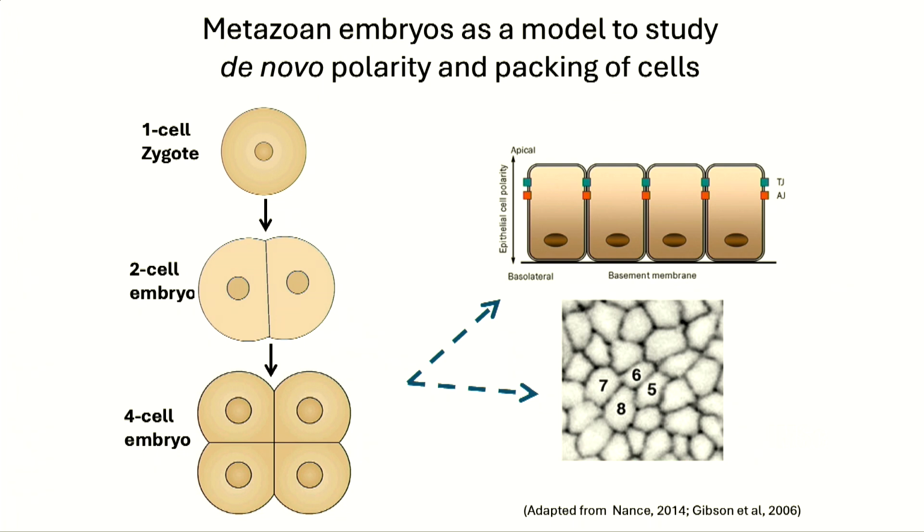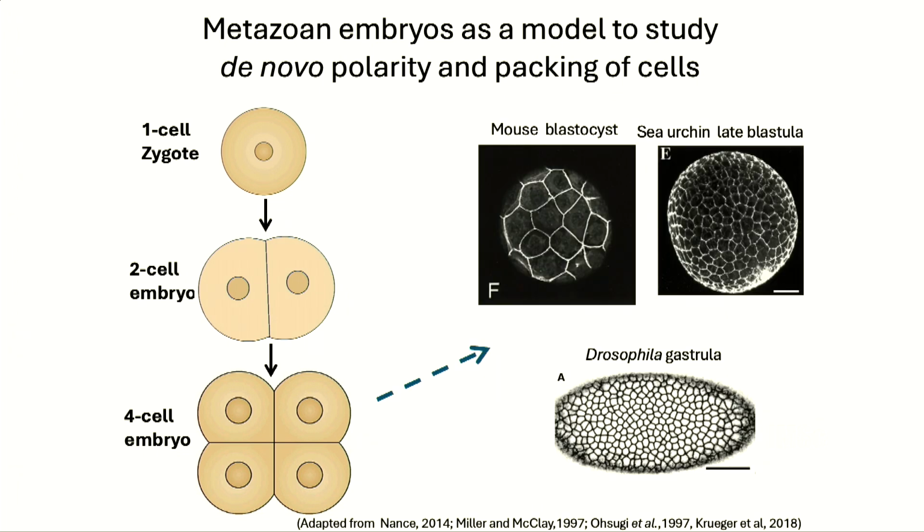Just a reminder from yesterday: embryos are single cells that divide and give rise to an organization of an epithelial layer, which is polygonal in nature and multicellular as an array.